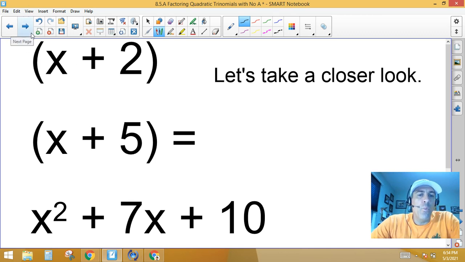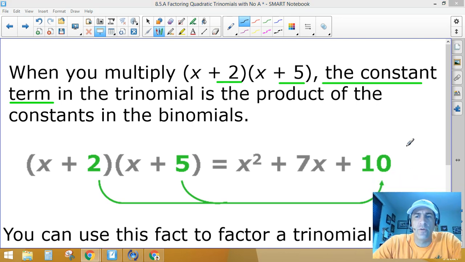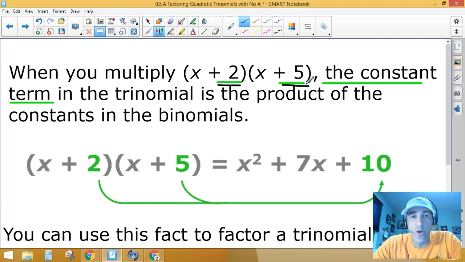What do you notice here about this? When you multiply these two, the constant term in the trinomial, this last term, is always going to be the product of the two constants in the binomials. That'll always be the end part, the c of the quadratic trinomial.